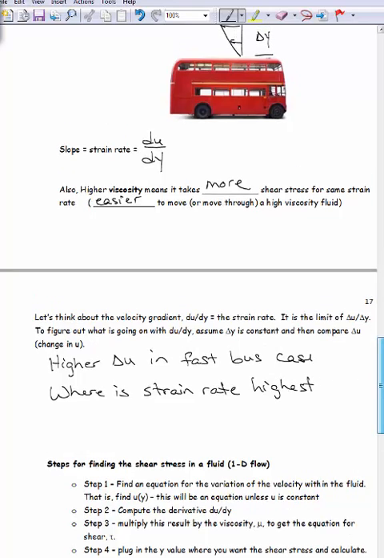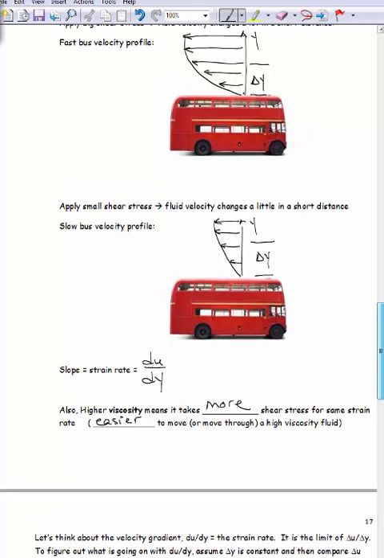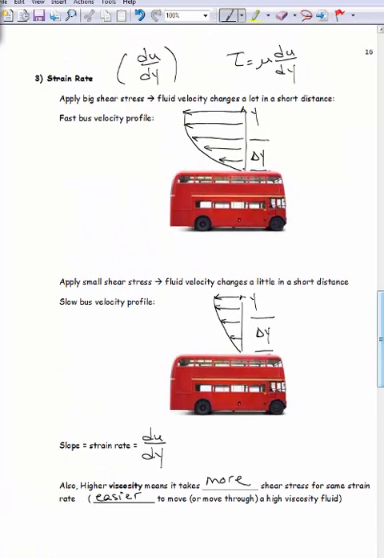Near the bus or far away from the bus? Okay, so if this was calculus, here you'd have an infinite slope up out here, but this is not calculus. This is backwards calculus, right?